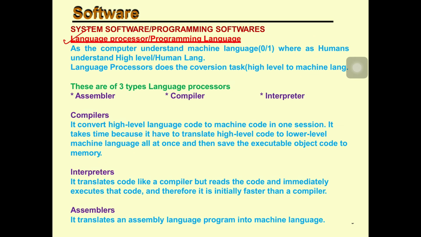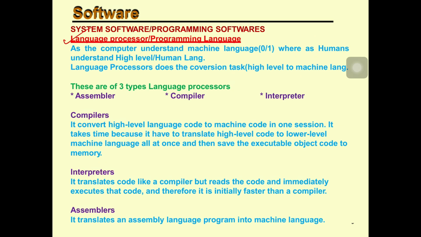Because the user inputs the data in a human understandable format, but the computer understands the data in binary format, or in the 0 1 format. So to execute the data, it must be converted into 0 1 or machine language. This work is accomplished by the language processor, which is necessary for our computer.